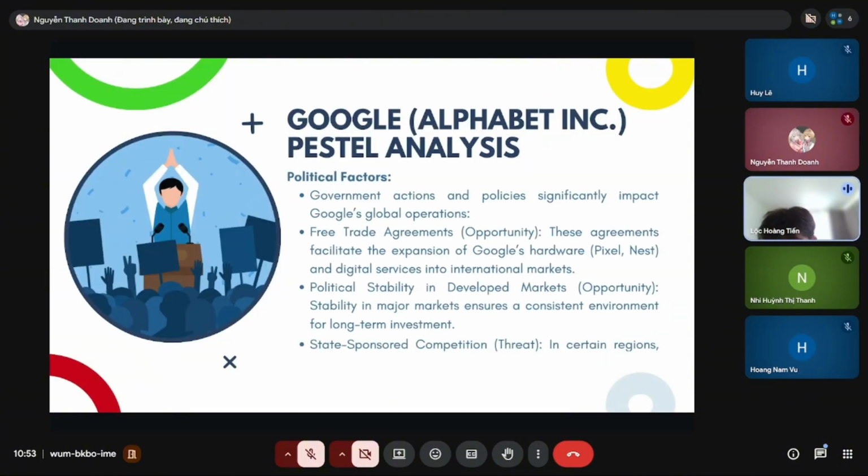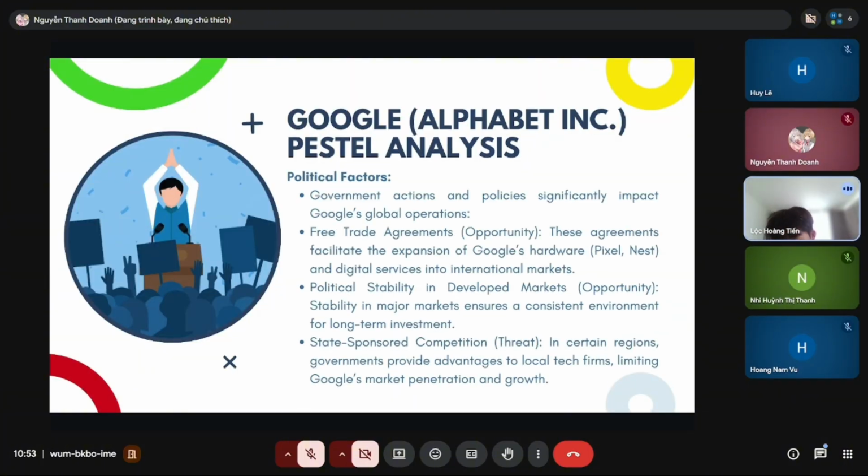On the next part, we'll talk about the Google PESTLE analysis. Firstly, the political factor. Government action and policy significantly impact Google's global operation. So we will talk about the opportunities and the threats. The free trade agreements: the benefit is that these agreements facilitate the expansion of Google hardware and digital services into international markets.